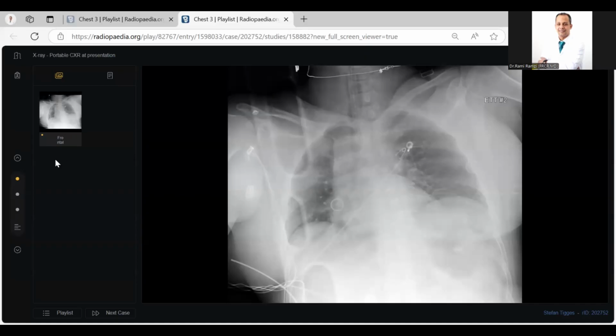A 45 year old female patient after trauma. I'm presented with a chest X-ray, frontal projection, of a patient who presented with trauma. Here I can see that there are multiple chest leads noted.